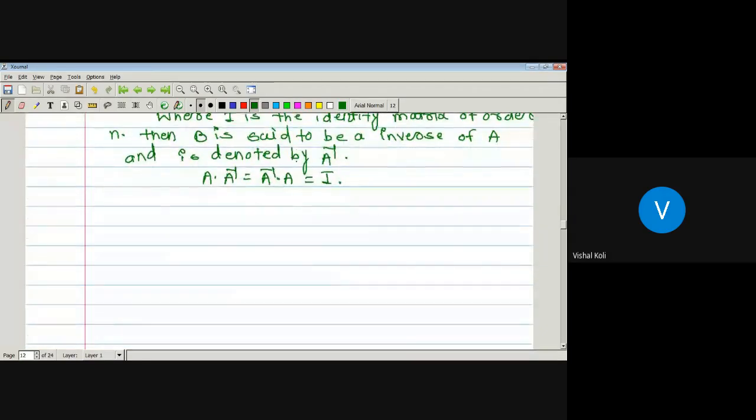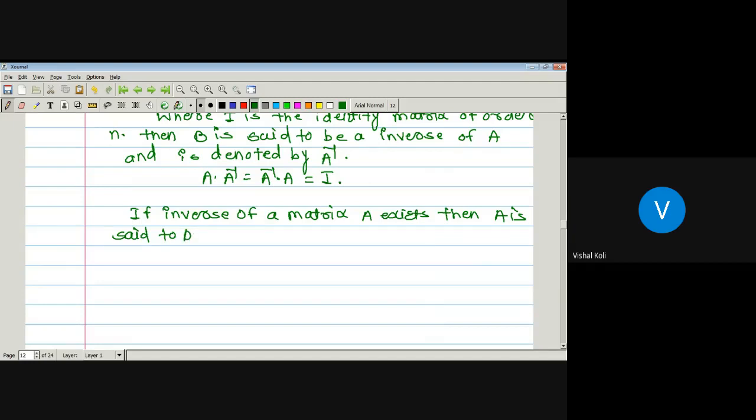Now, if the inverse of a matrix A exists, then A is said to be an invertible matrix.